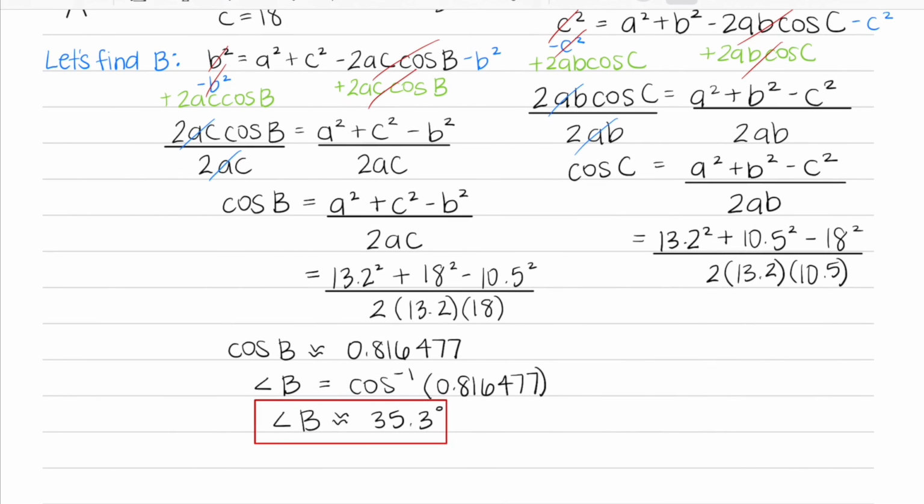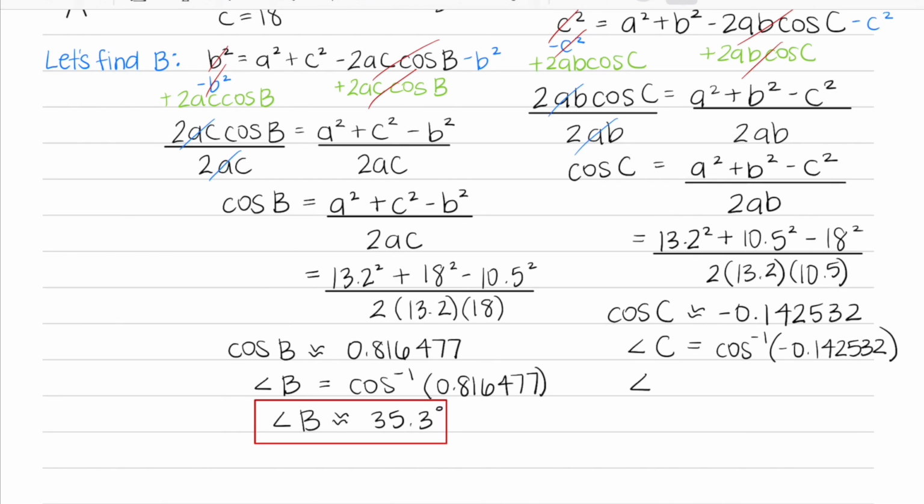And after plugging it into your calculator, we have cosine C is approximately negative 0.142532. And to get that angle C alone, we will just have to inverse cosine both sides. So angle C is the inverse cosine of negative 0.142532. And after plugging that into your calculator, you should get that angle C is approximately 98.2.